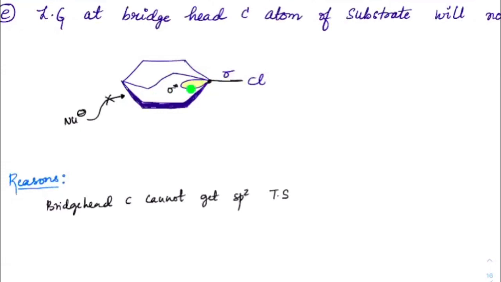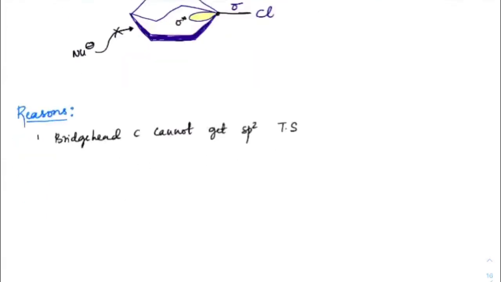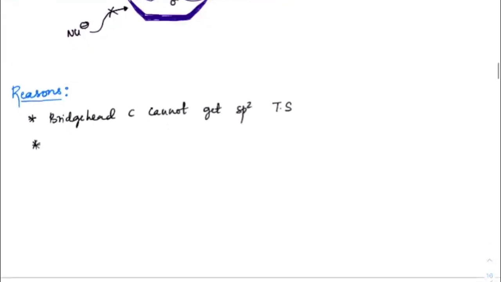So if a nucleophile approaches, all these three bonds have to come at almost 120 degrees, which is not possible. This is the first reason. The second reason is that sigma star has steric hindrance due to the cage-like structure.